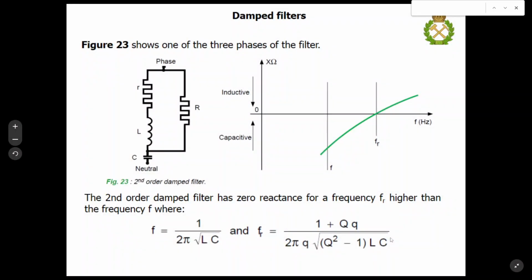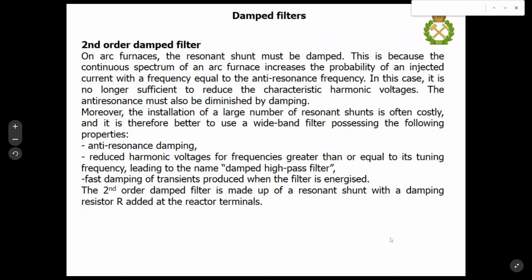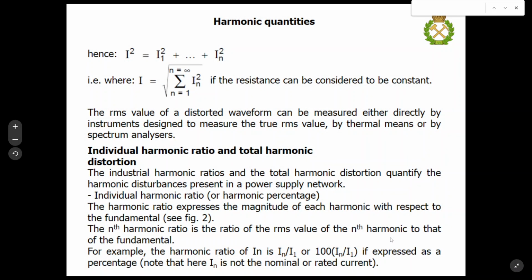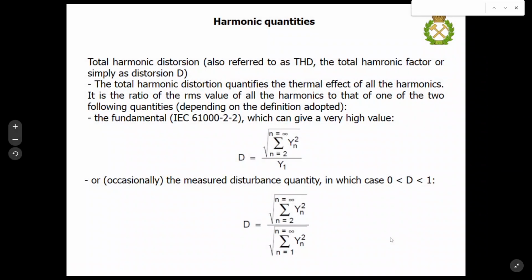And also we have an integrated ratio, which is called total harmonic distortion, which reflects the total harmonic percentage in our spectrum.